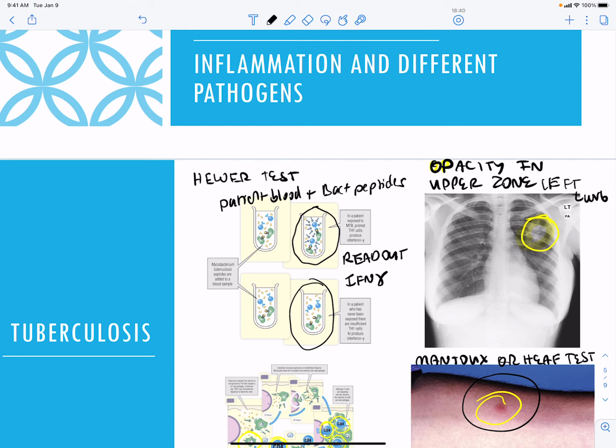Now, just to note that this chest radiograph and the cultures and the skin test are not sensitive to early TB.